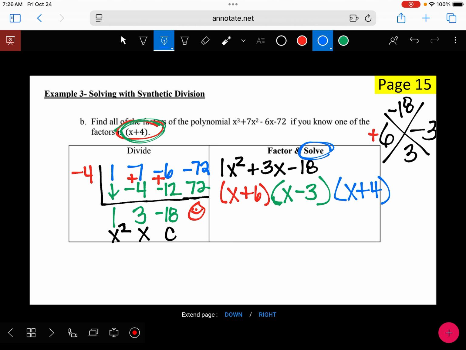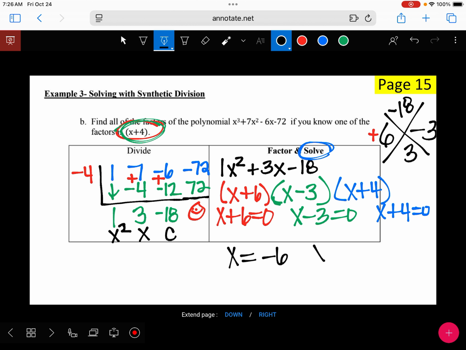That means we have to set it equal to 0 and get your 3 solutions. And that should be your 3 answers. X equals negative 6, x equals positive 3, and x equals negative 4.